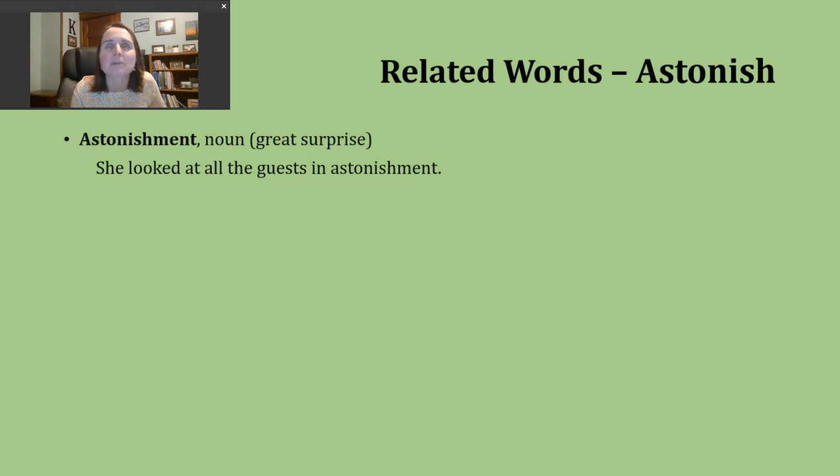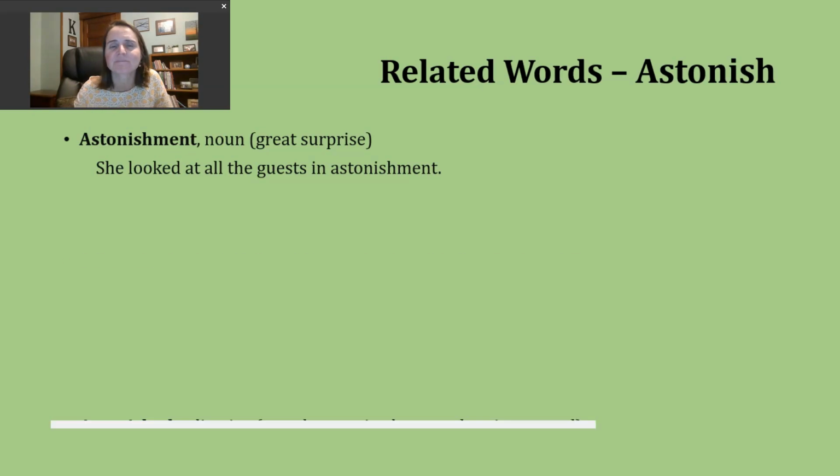So an example of this could be, she looked at all the guests in astonishment, right? So maybe a lot of close friends have gathered to celebrate someone, right? Maybe this person can't believe they're all gathered in this one place at this one time for him or herself, right? And so you can kind of imagine that sort of feeling.